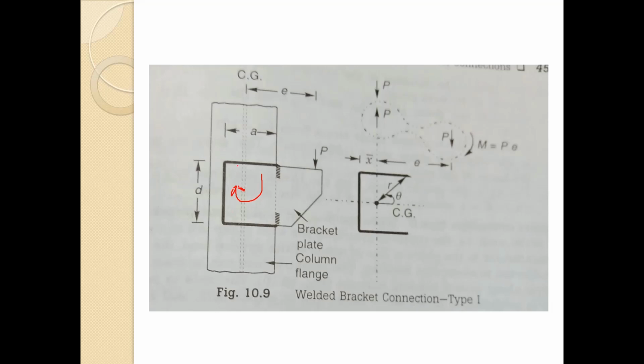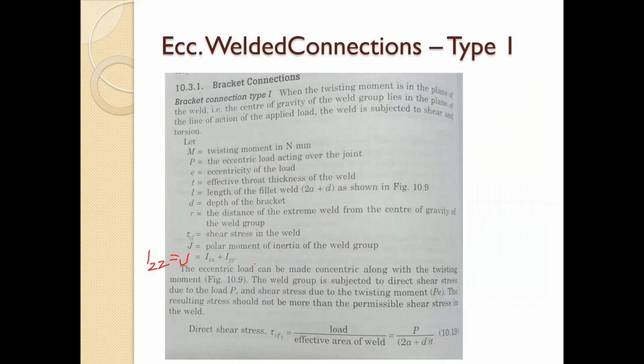While rotating, we can see there will be shear development in this connection. So the resultant stress, that is the shear stress because of load P and the shear stress due to twisting moment PE, should not be more than the permissible shear stress in the weld.